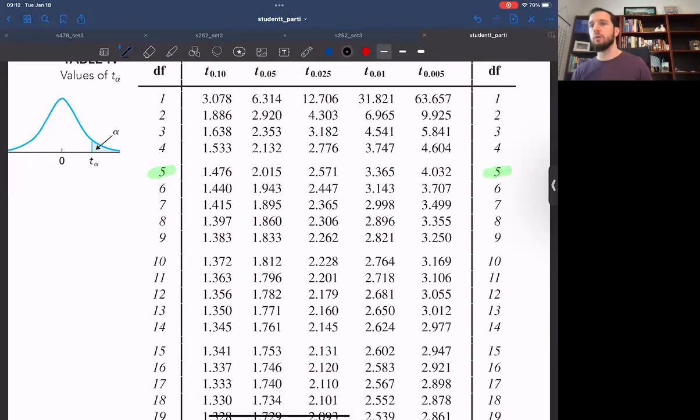In general, whenever you're using the t table, you can always just treat the value as a positive number. Okay, so what we are doing is we are looking for positive 1.651.